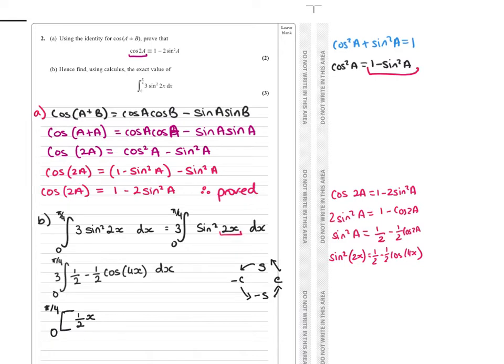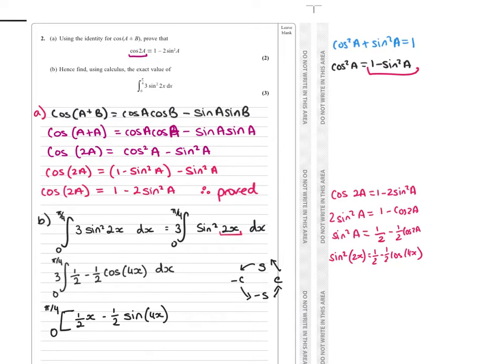So if I integrate negative cos, I'm going to get negative a half sine of 4x, and then we divide it by the differential of the bracket.